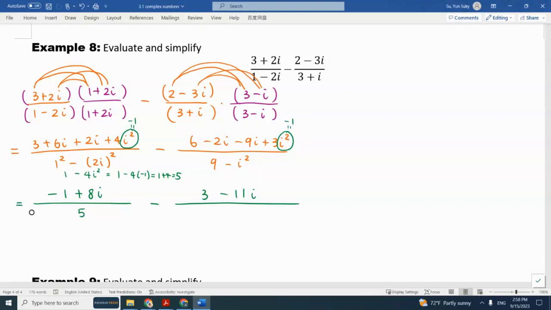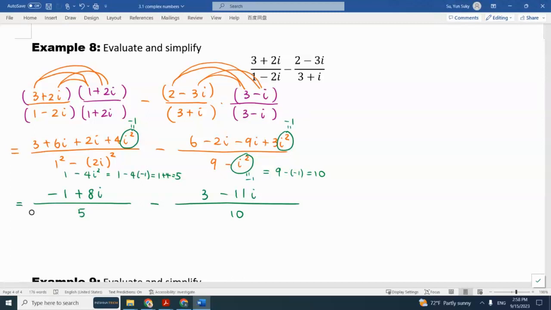Okay, next, Jalen. What's the denominator? What's i squared? So this is 9 minus -1 is 10. Yes, it's 10.